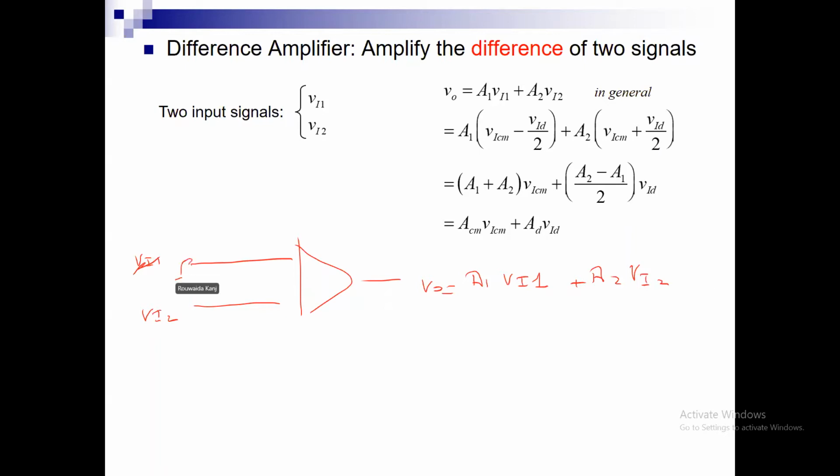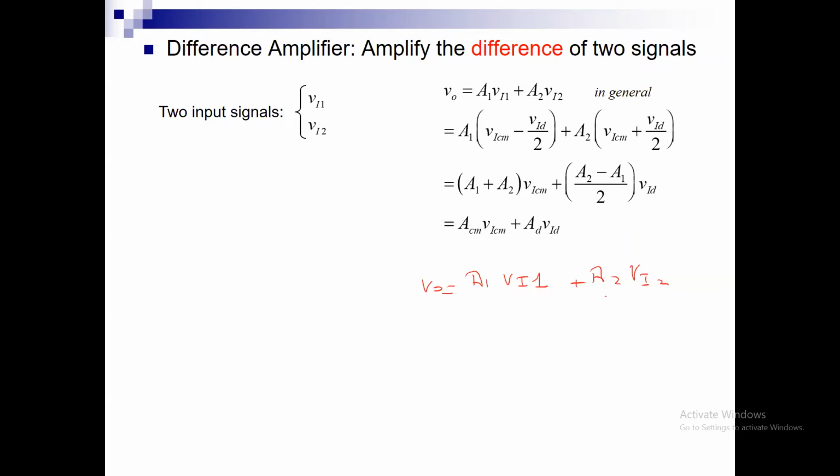If I get rid of one of the inputs, I get this gain with respect to the other, and so on and so forth. So if I can characterize my amplifier to respond to input 1 with some gain and to input 2 with another gain, I can convert this information into how much the common mode gain will be and the differential mode gain will be.